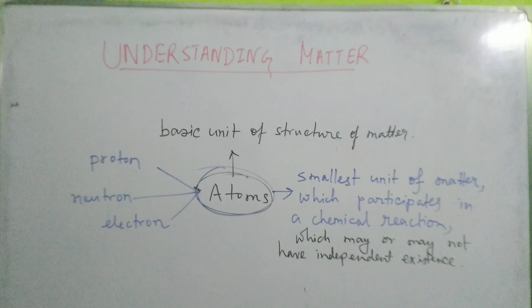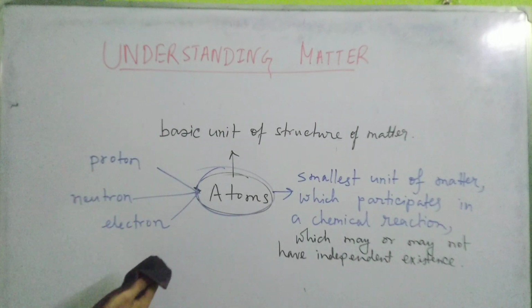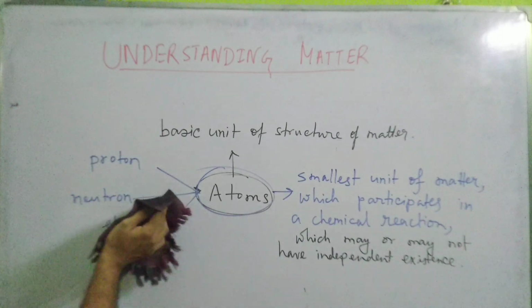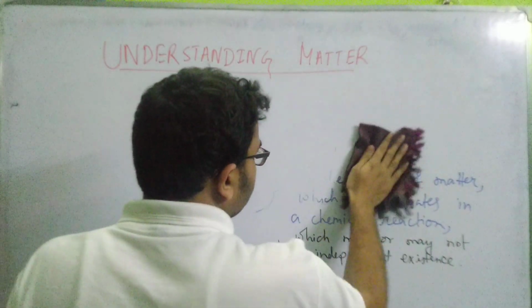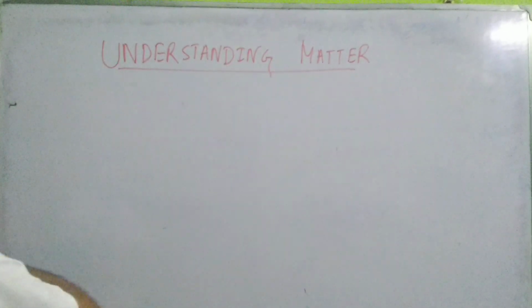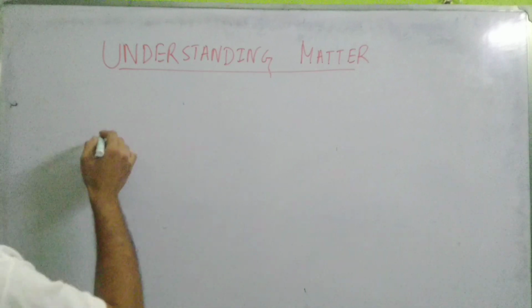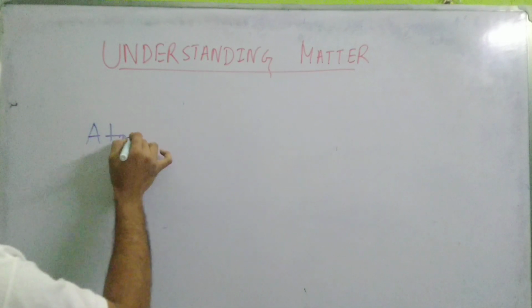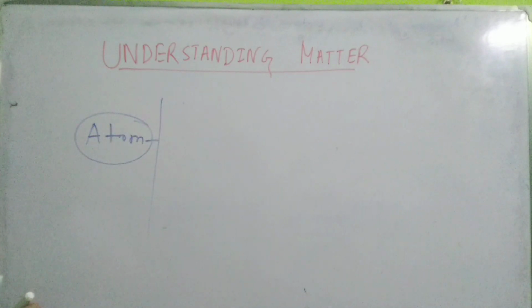If we see in a little bit more detail about these subatomic particles, what can we say about them? Let us see. If I consider an atom, basically an atom, as I have said, has 3 subatomic particles. Let us see them one by one.